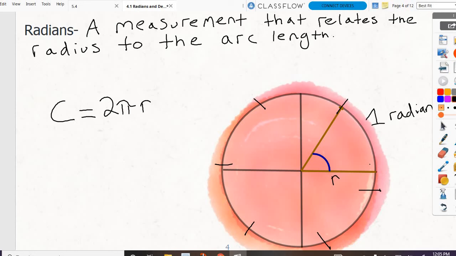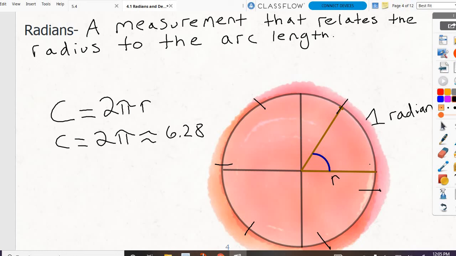Instead we're just going to say our radius was 1 unit long, which gives us a circumference of what? 2 pi. Well, what is pi approximately? 3.14 times 2 gives us 6.28, which is a little over 6. Which is why we have 6 and a little left over radians in 1 full rotation.